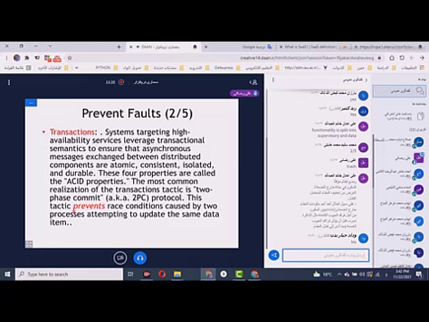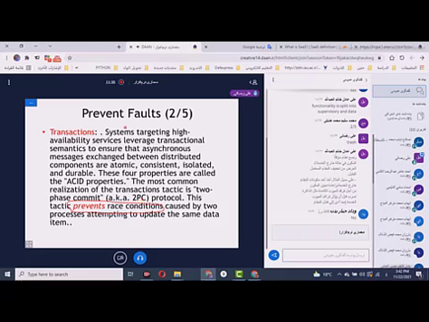I told you in the previous session that you should study about race conditions, and they may cause erroneous outputs, and we want to avoid race conditions using tactics like two-phase commit or 2PC protocol, which is a transaction-based tactic, and will help us to prevent race conditions. Okay, so when we use transactions, we can say that, okay, we don't have the problem of race condition.